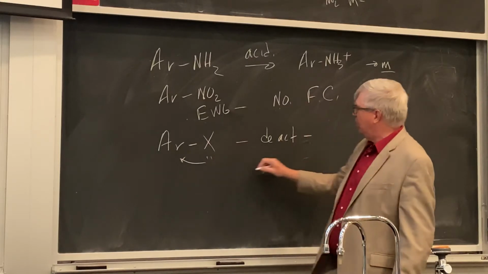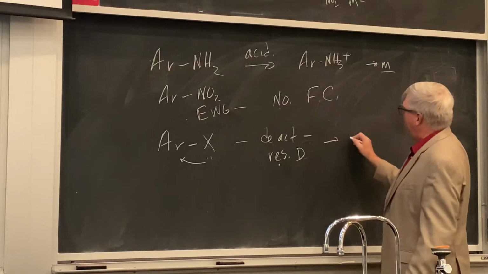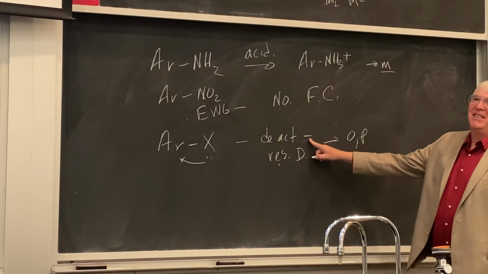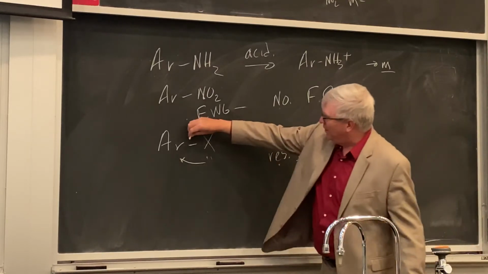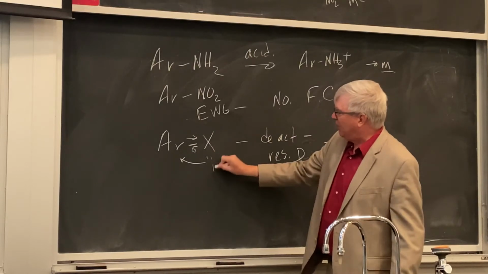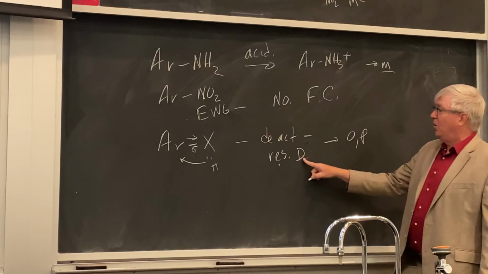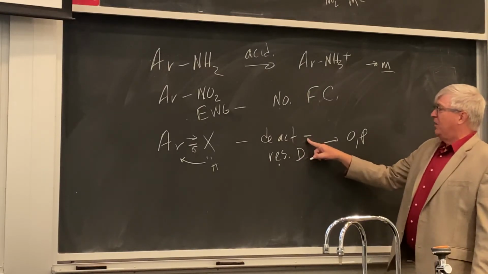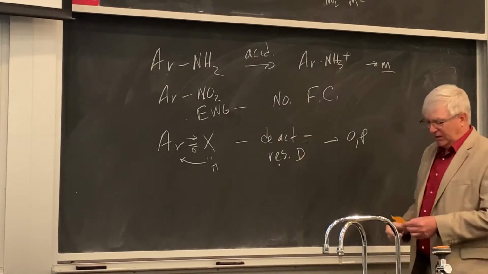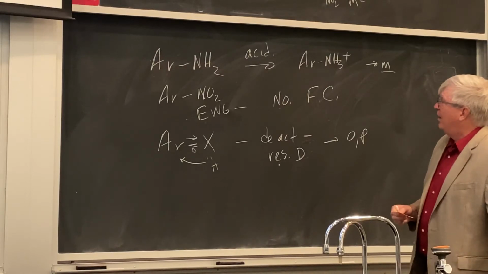Lone pairs, which makes them resonance donors. And that leads to them being ortho-para directors. But the reaction's slow, and they're slow because of the inductive effect through the sigma bond. But by resonance through the pi system, they can be donating enough. And so the deactivating effect is a kinetic effect, but the resonance donation is the directing effect for the selectivity. So that's the exceptions to the rule there.